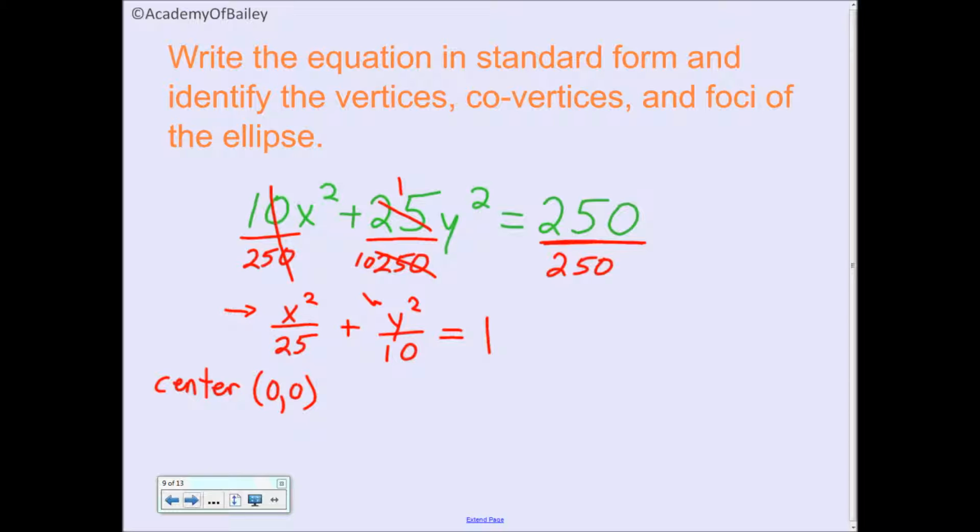Okay, so if we look here, which one is going to be a? Is it going to be 5 or is it the square root of 10? Whichever one is larger is a. So a squared is equal to 25, therefore a must equal 5, and b squared is equal to 10. This is where I'm getting these numbers from, and b must be equal to the square root of 10.